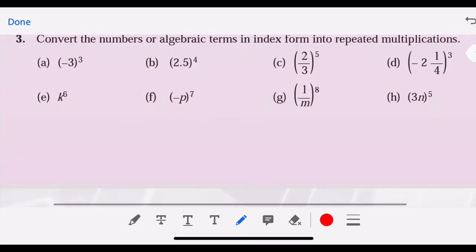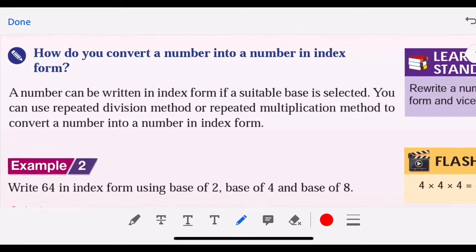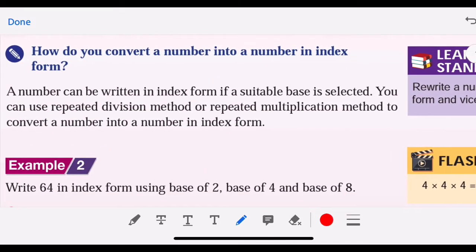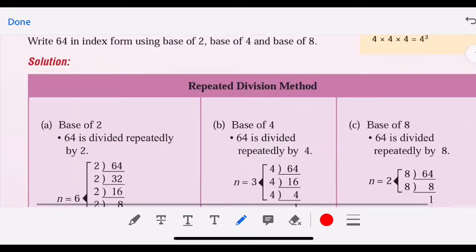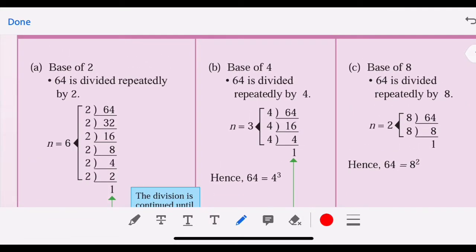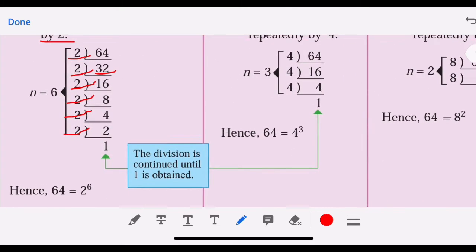Right, so we will continue with how to convert a number into a number in index form. So let's see this one. 64 is divided repeatedly by 2. So we keep on dividing, and we count how many times, and the division continues until 1 is obtained. So then 64 is 2 to the power of 6.